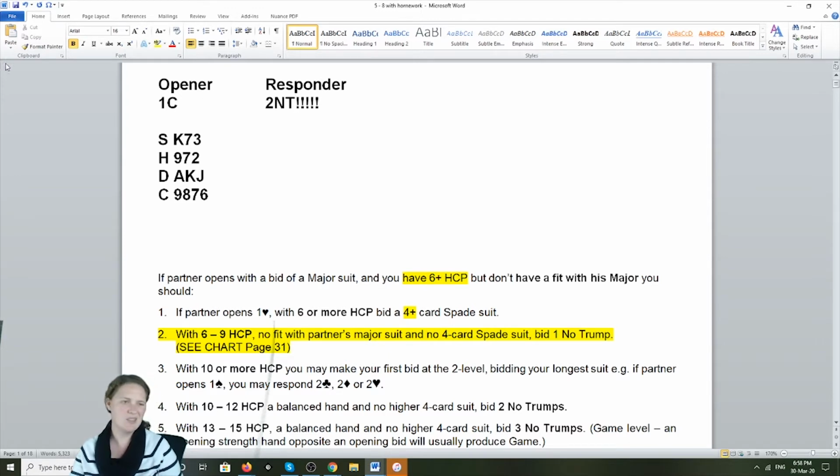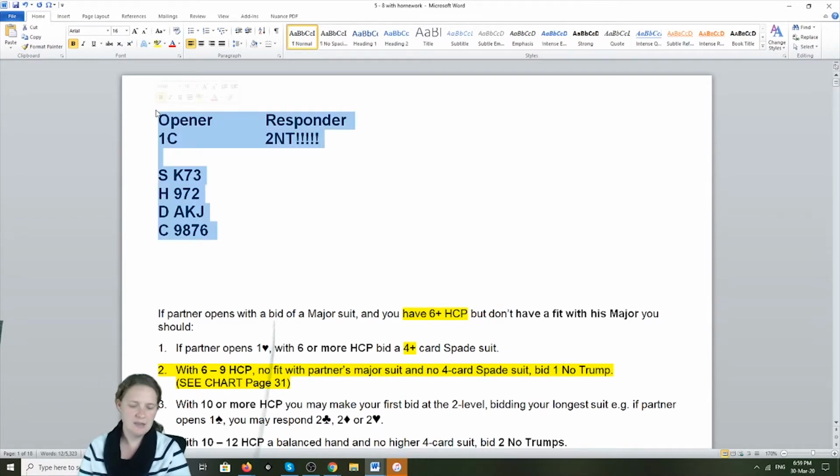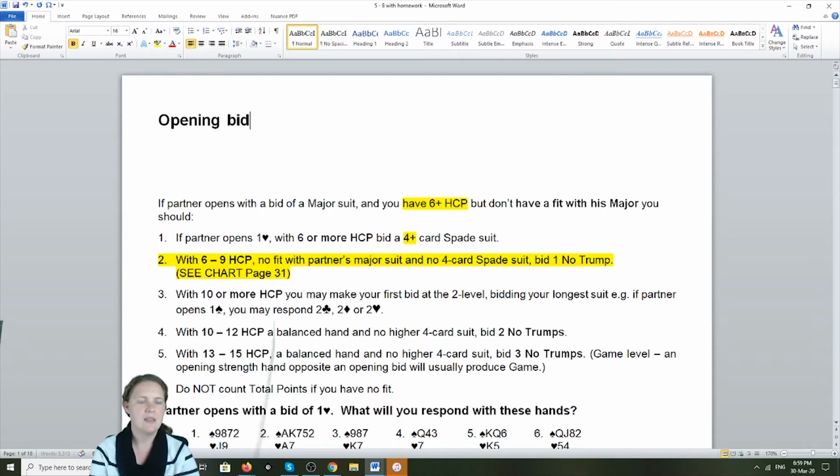So this is how our rules go. One thing that's a little bit interesting is that opening bids promise either 5+ cards or 3+ cards, depending on if you've opened with a major suit. It's always promising your partner you've got 5 or more. And if you've opened with a minor suit, it's always promising that you've got 3 or more potentially.